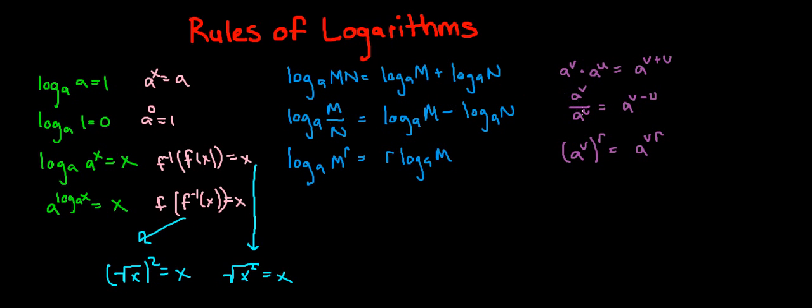Here is a similar thing. If we have division, a raised to the v and a raised to the u, it's the same thing as a raised to the difference between v and u.